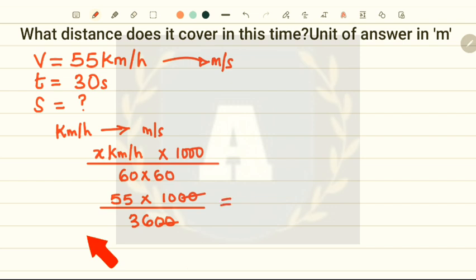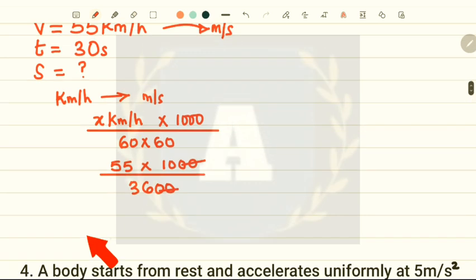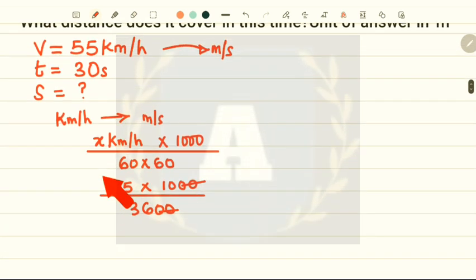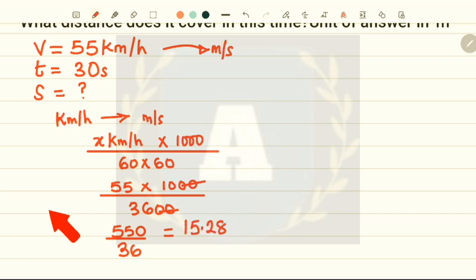What we have left is 55 multiplied by 10, that is 550, divided by 36. So 550 divided by 36, what you have is 15.28 meters per second.